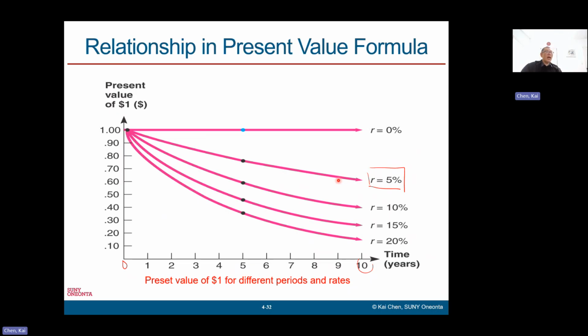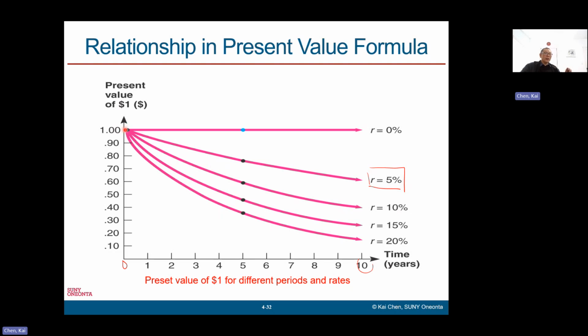And property one also holds with a different interest rate or a different rate of return. If your rate of return is 10%, you can look at this curve, the present value profile. Now you can see, right? It is the same thing.